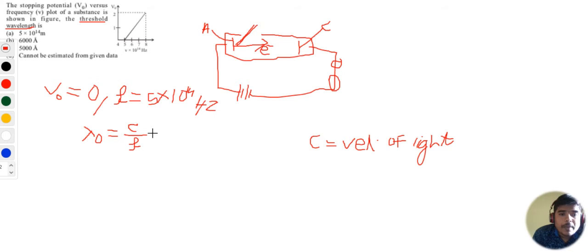Now we have to put the values here. The value of c is 3 into 10 to the power 8, divided by the frequency. The frequency, from this graph, we found is 5 into 10 to the power 14 hertz.